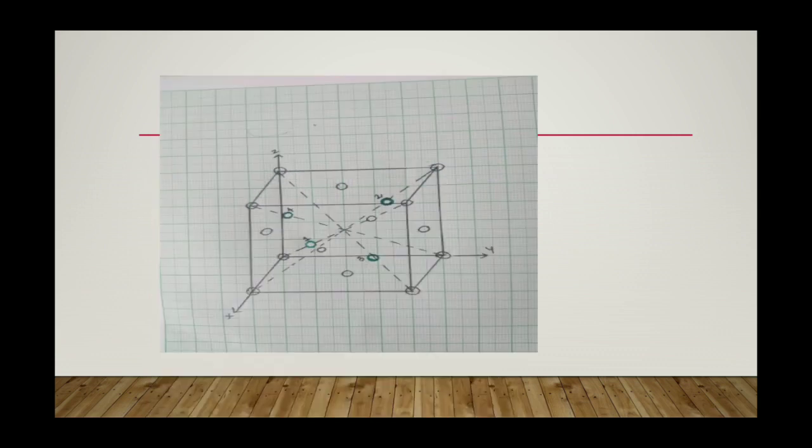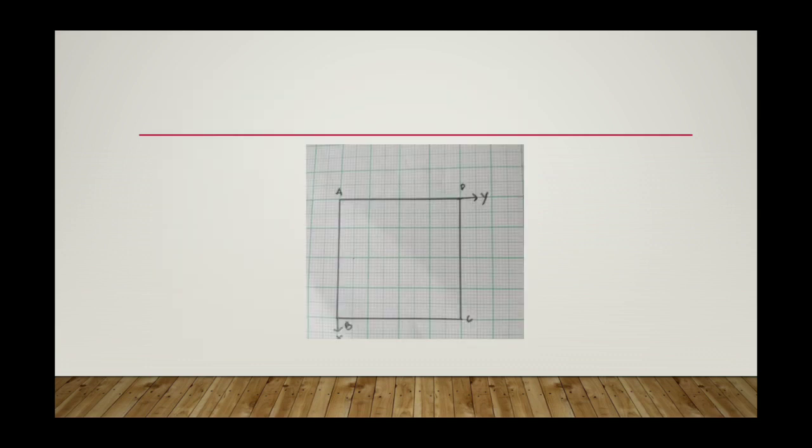We project the cube on XYZ plane, and I am projecting this cube into a XY plane. Here the Z component is absent, or Z axis is not shown. Z axis is perpendicular to my projection plane. If we label it, let us say ABCD, so the basis of the unit cell is ABCD, is what you see here.